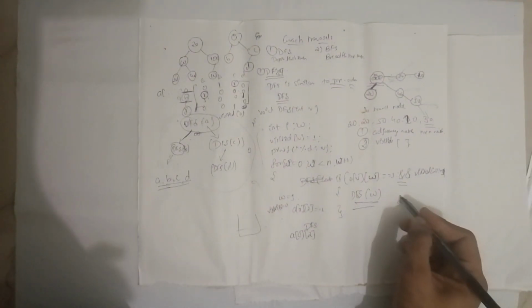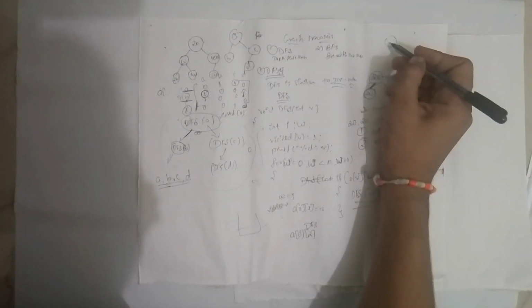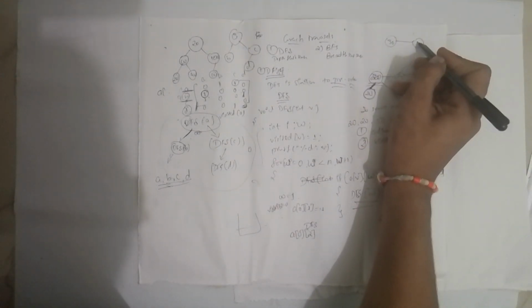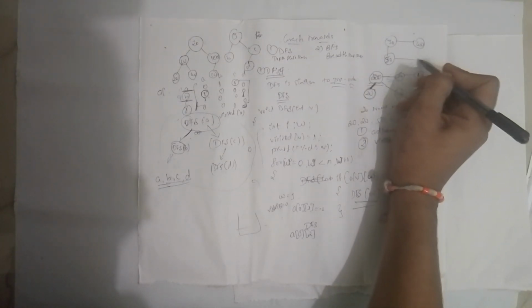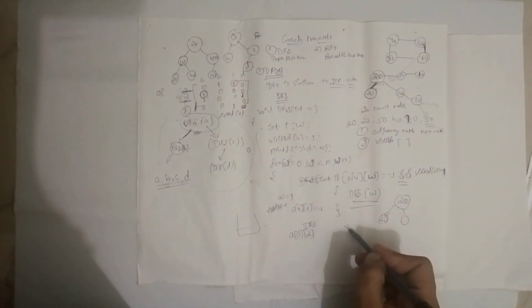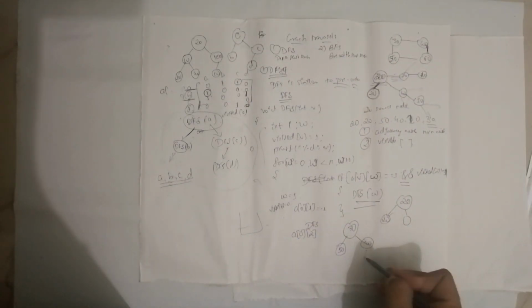Let's take a complex one. These are all trees, so I will take a cyclic graph for better understanding. Here we took 30 as the source node. There are two children, 50 and 40, and next we go to 40 and 60.